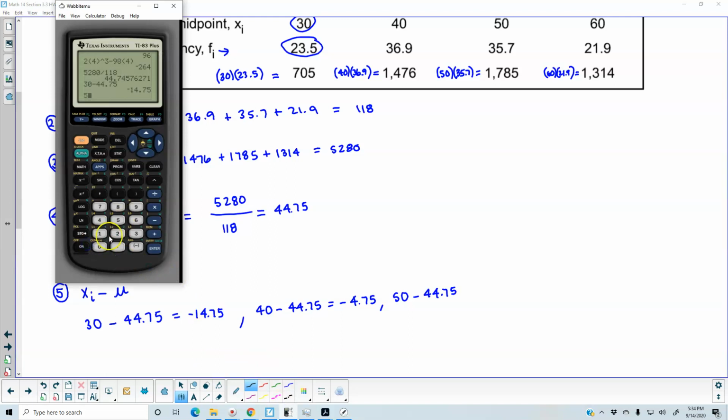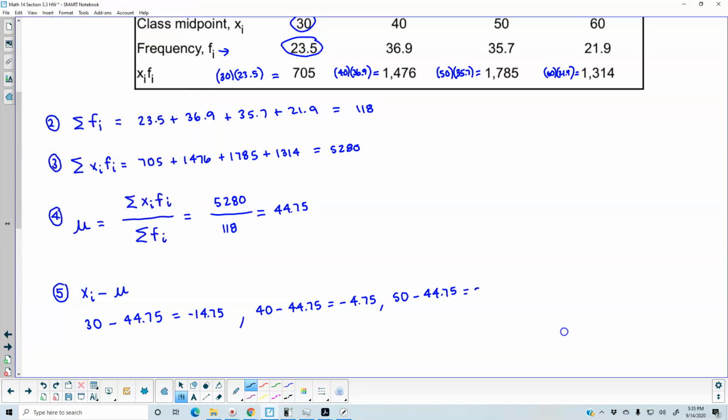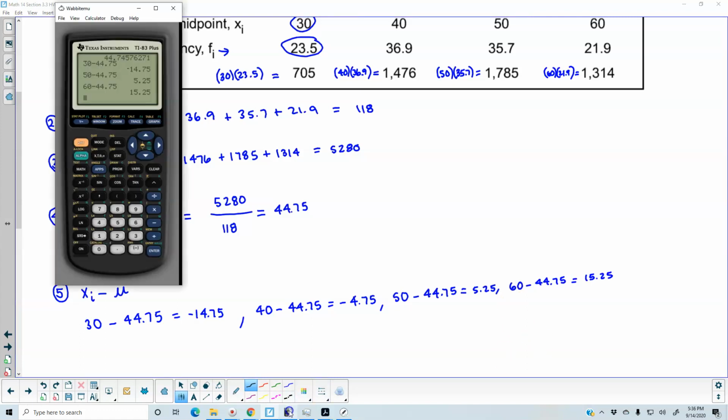So we should get 5.25. And then we're going to take 60 and subtract 44.75, and we should get 15.25. Let's verify that on our calculator. 60 minus 44.75 is 15.25.